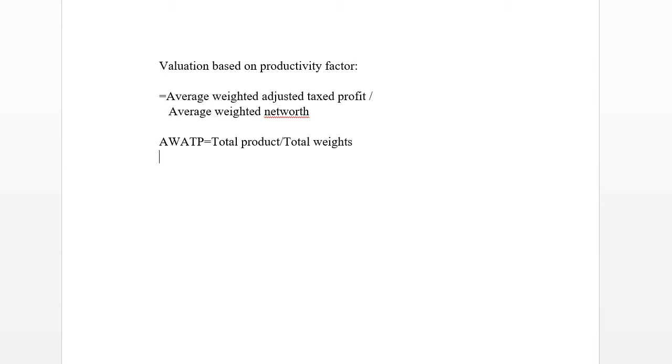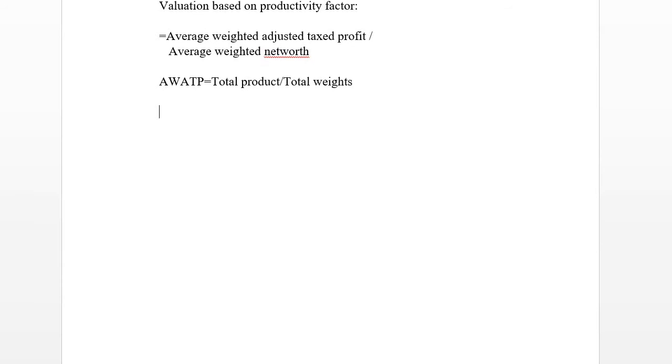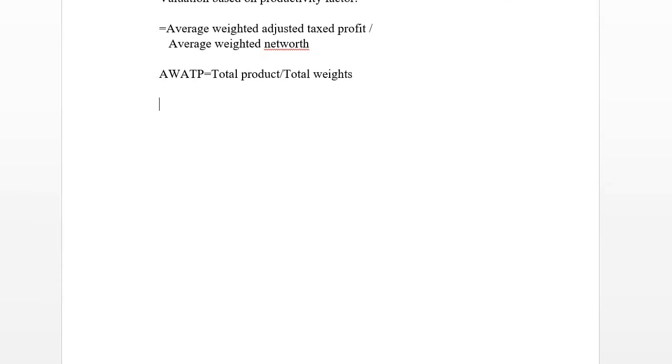The product means the multiplication of two variable factors. Weights are assigned based on the parameters, right? This is the formula. Then let us consider one single problem so that we will come to know exactly how we calculate the average weighted adjusted taxed profit.